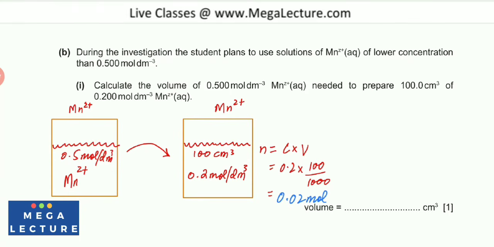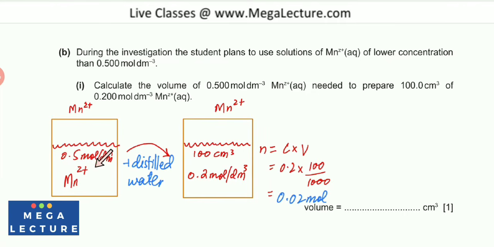And all those moles are coming from this. Remember, I'm diluting it, which means that somewhere over here I'm adding distilled water. Distilled water is being added, so I am diluting this solution into this solution. Now, these are 0.02 moles, and all these moles would be coming from this solution.